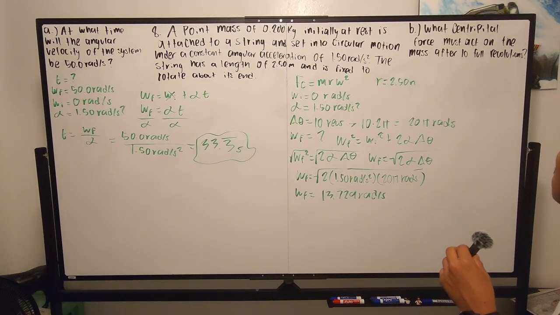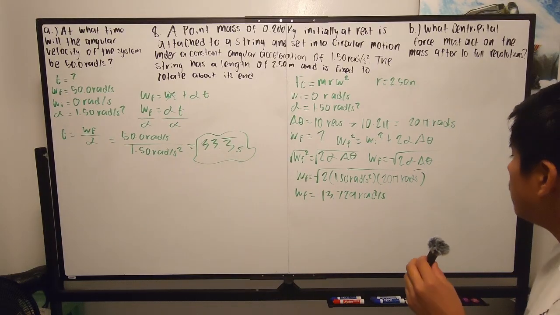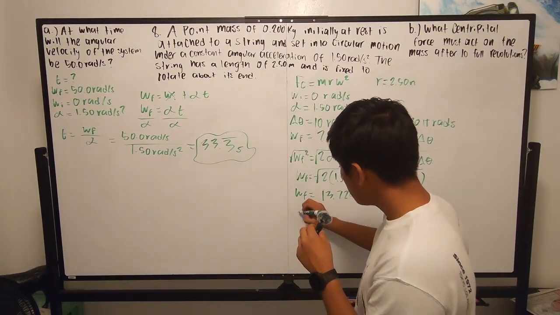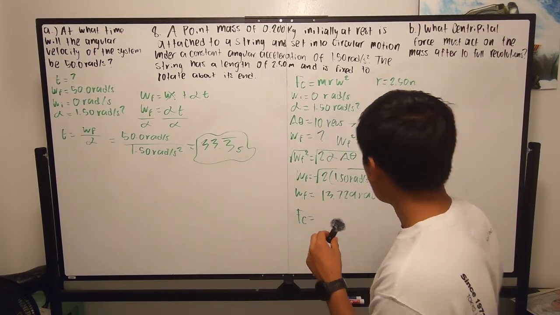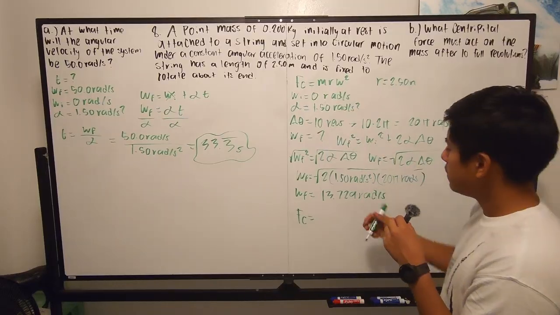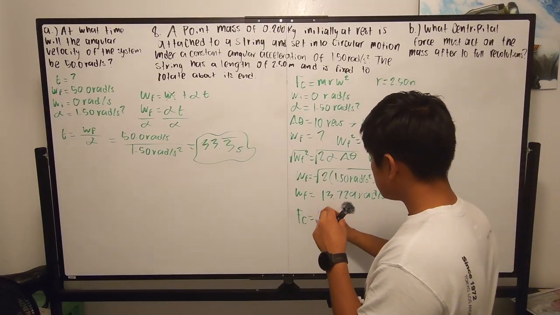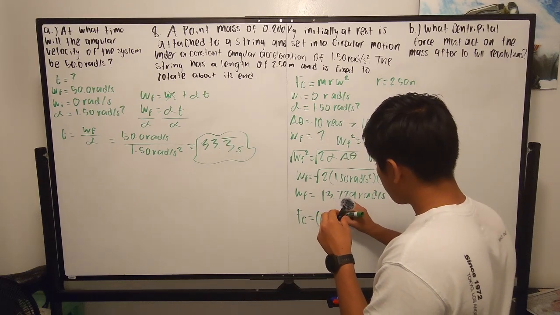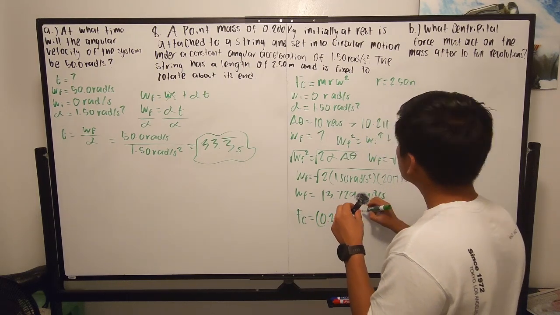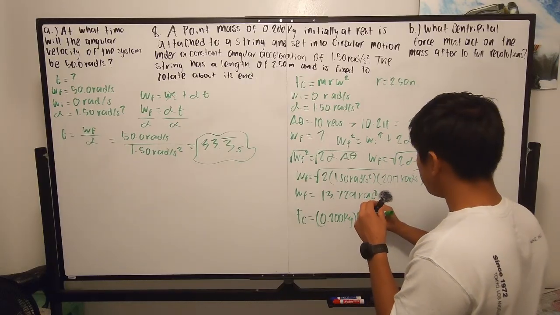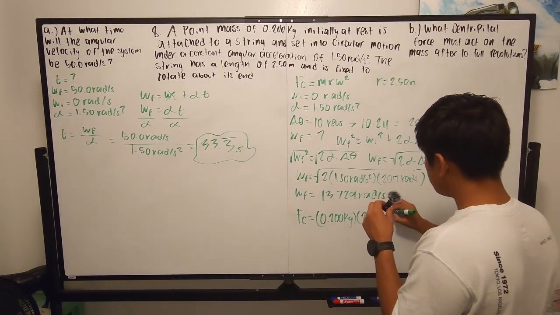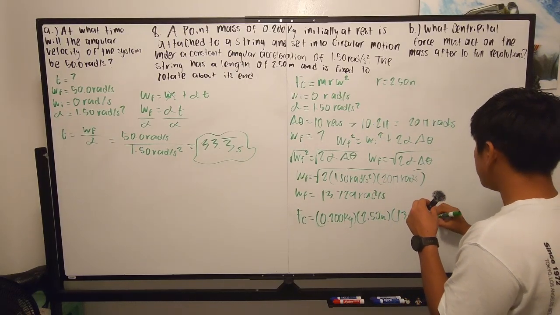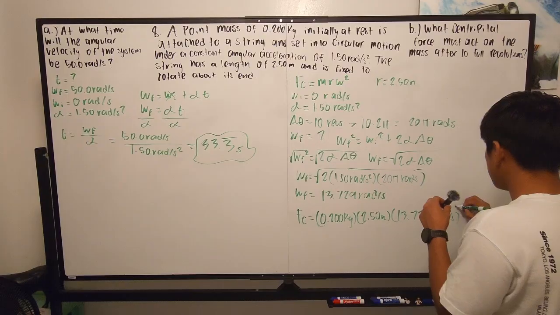So the centripetal force after 10 revolutions is going to be the mass, 0.2 kilograms, multiplied by the radius, 2.5 meters, multiplied by omega squared, which is 13.729 radians per second, squared.